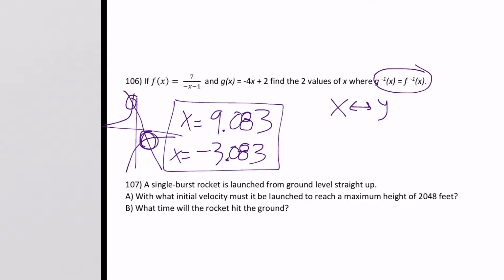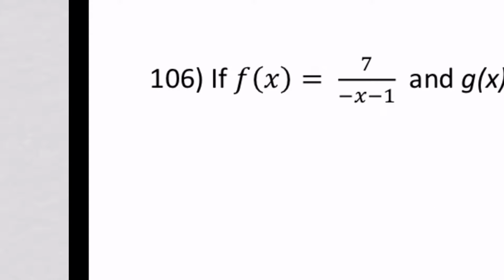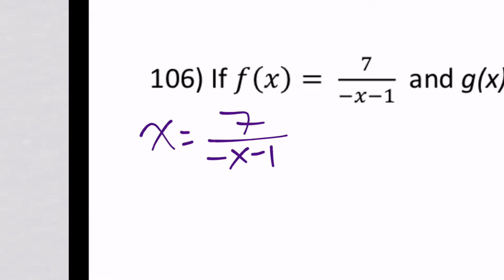So those are the two solutions, but we can hit this with the normal approach as well. If you want to find an inverse function, you definitely need to know how to do that. Swap x and y. So write this first equation as x equals 7 over negative x minus 1. But don't do that, because you're swapping x and y, so the denominator is negative y minus 1.